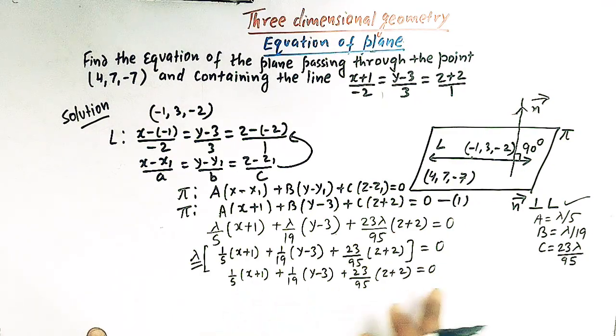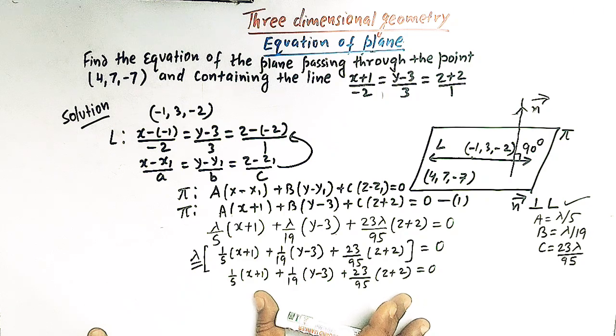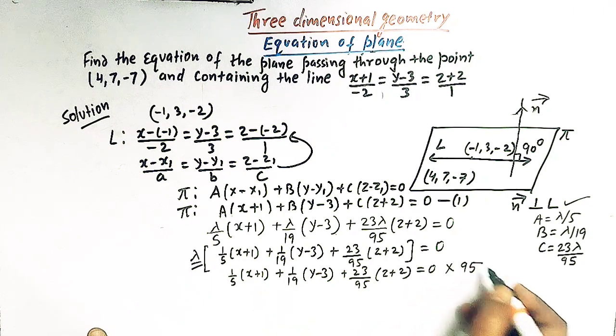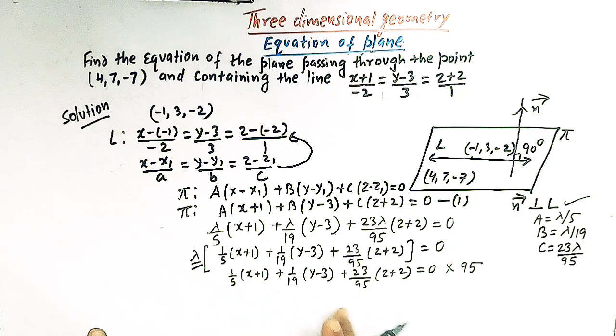So now let us multiply this equation throughout by 95, so that we can get rid of the denominators here. So now here we have 1 over 5 times 95. So 5 times 19 is the 95.